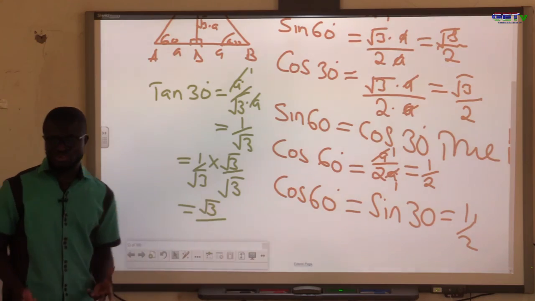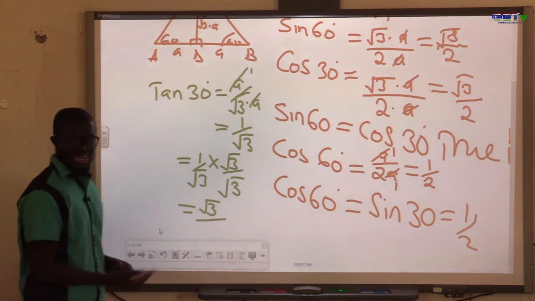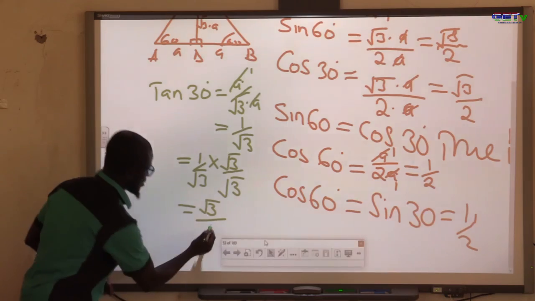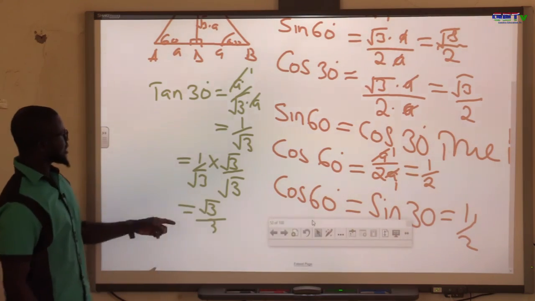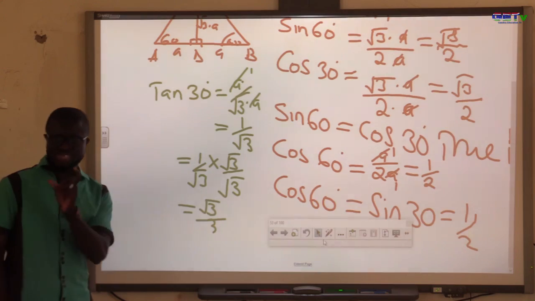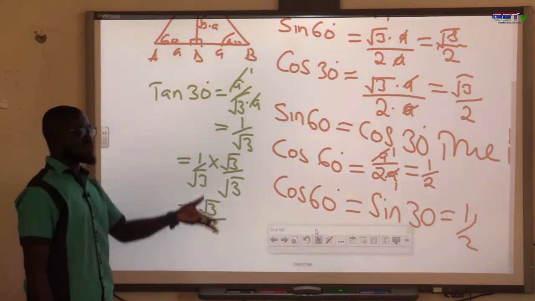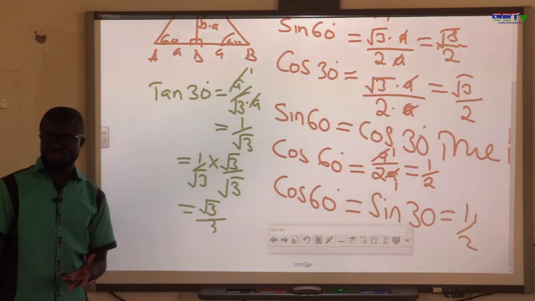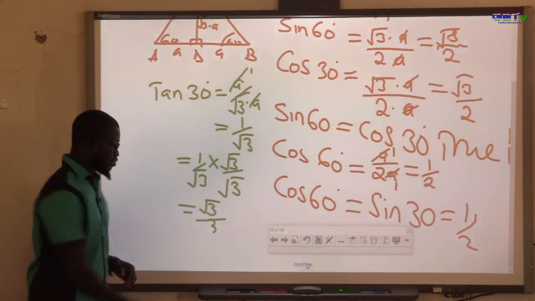Root of 3 times root of 3 obviously is going to give you the square root of 9. And the square root of 9 is the same as 3. So the answer to tan 30 could be expressed as 1 all over root 3, which is the same as 0.58 to 2 decimal places, or you can also express it as root 3 all over 3.